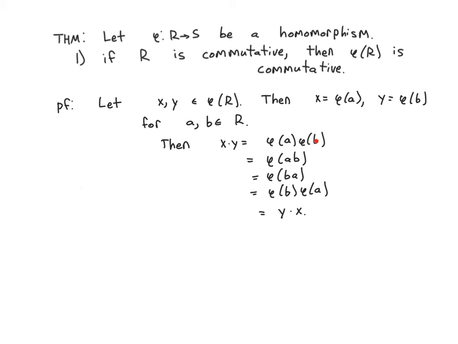So phi is multiplicative. That's equal to phi of a times b. Since R is commutative, ab is equal to ba. Since phi is multiplicative, phi of ba is equal to phi of b times phi of a. It's equal to y times x. Congratulations, we took two arbitrary elements in the image. We showed x times y is equal to y times x. So the image is commutative.